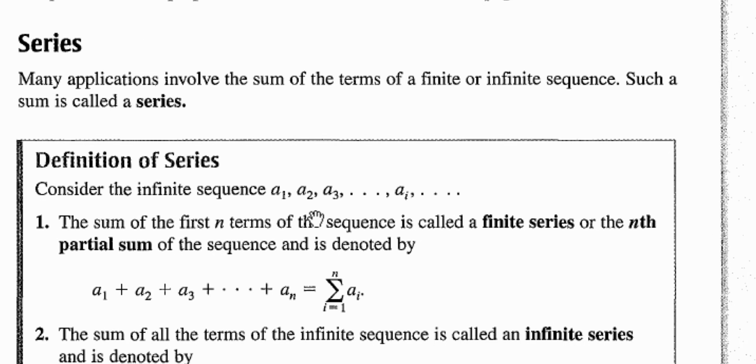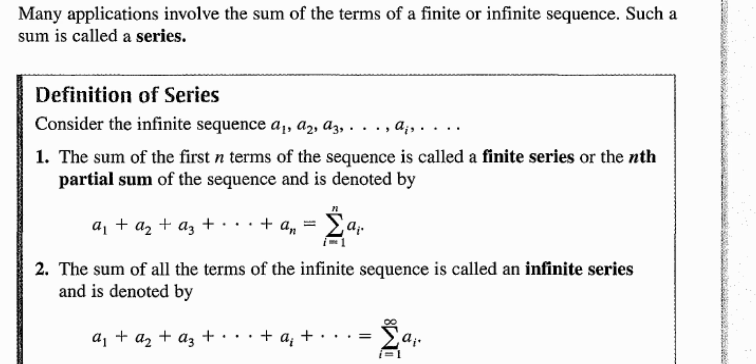Let's talk about series. Many applications involve the sum of the terms of a finite or infinite sequence. Such a sum is called a series. Consider the infinite sequence, a sub 1, a sub 2, a sub 3, all the way up to a sub i, and then it just keeps going.